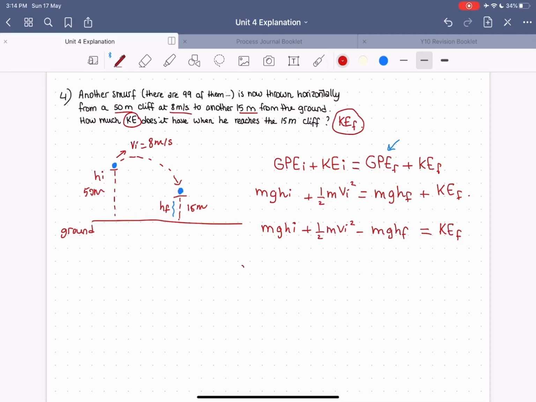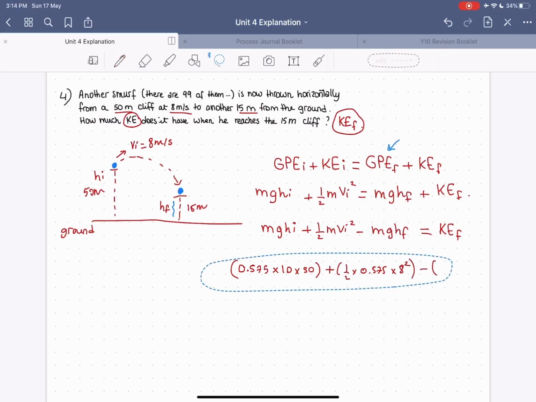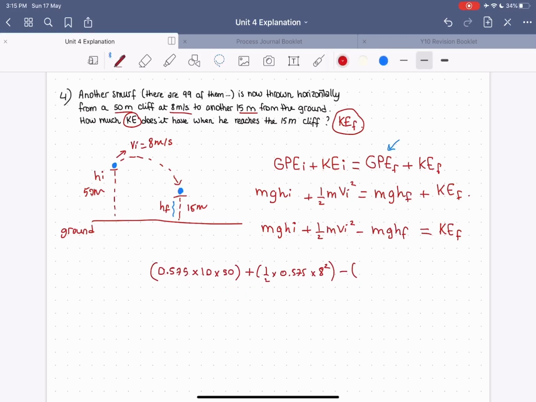So the mass of the Smurf is the same mass multiplied by 10 multiplied by 50, plus half times the mass times 8 squared, minus the mass, 0.575 times 10 times the final, it's 15.